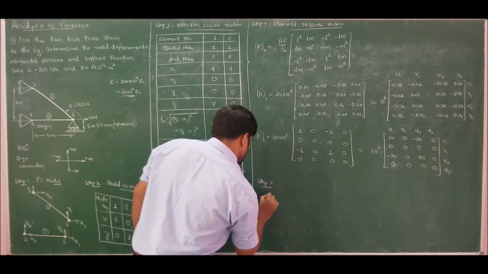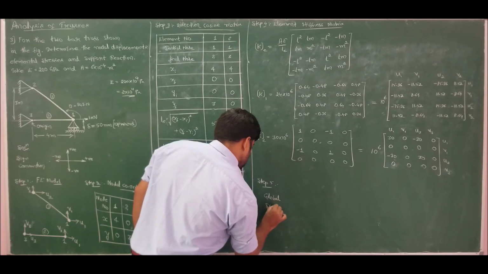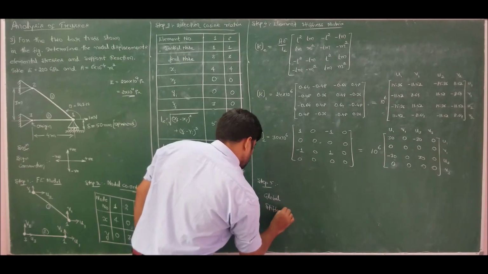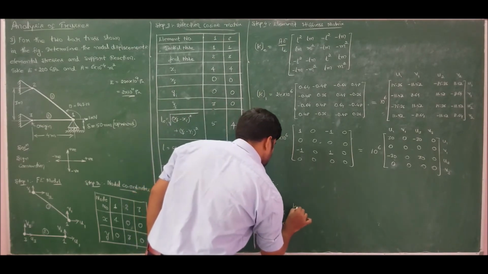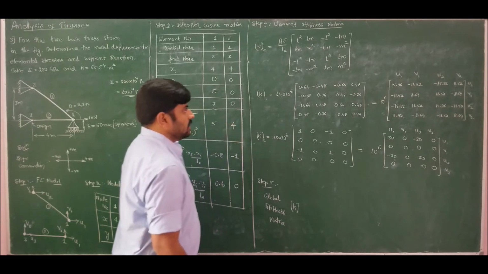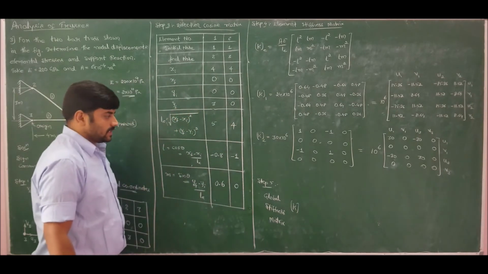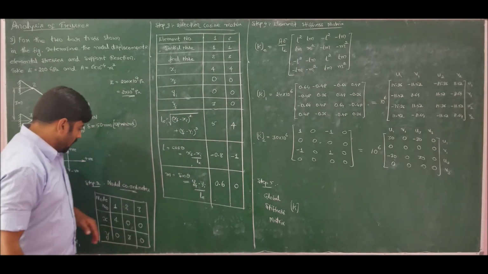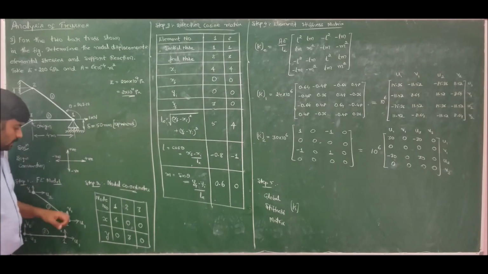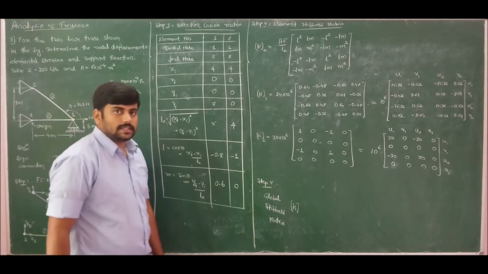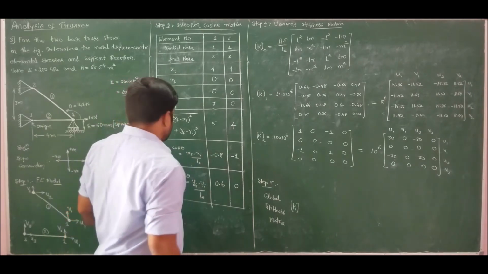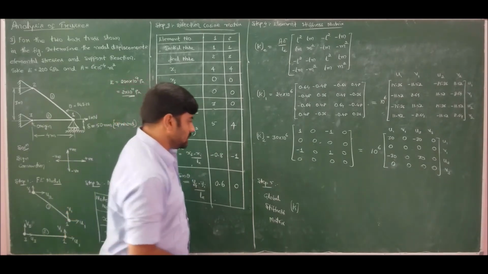The order of the global stiffness matrix is 2n cross 2n for a truss. This is because at each node I should calculate two displacements, one in the x direction and one in the y direction. We have 3 nodes, so it is 6 cross 6.